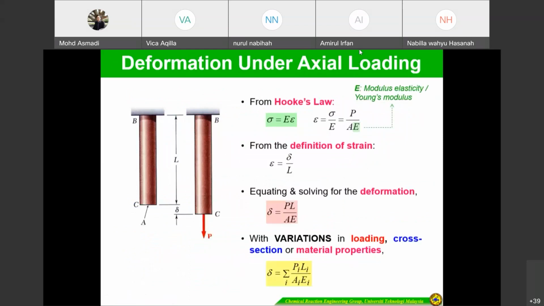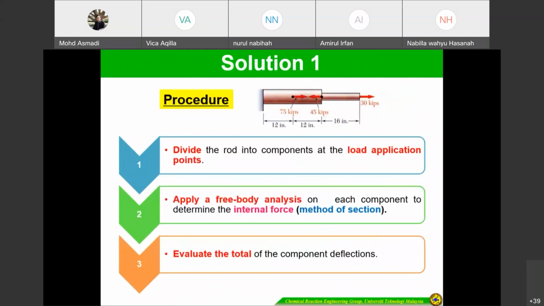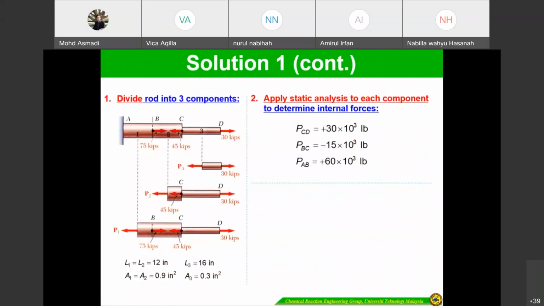This is only for one material or one area, right? This one is the summation of all the force and also length and area. If you look here, we have to determine the unknowns 1, 2, 3.